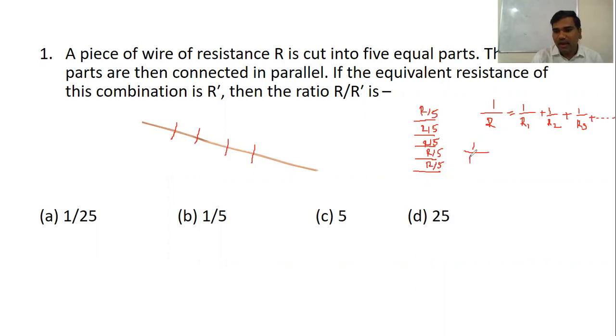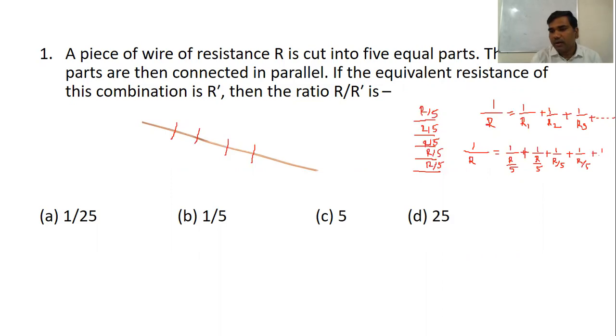So 1 by R equals 1 by R by 5 for the first resistor, plus 1 by R by 5 for the second, plus 1 by R by 5 plus 1 by R by 5 plus 1 by R by 5.